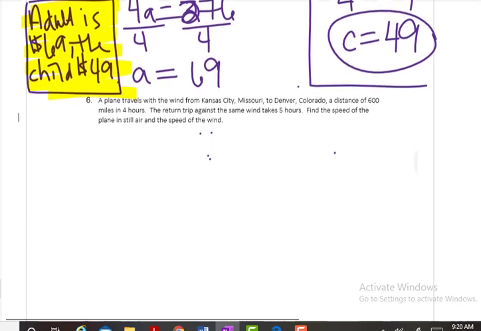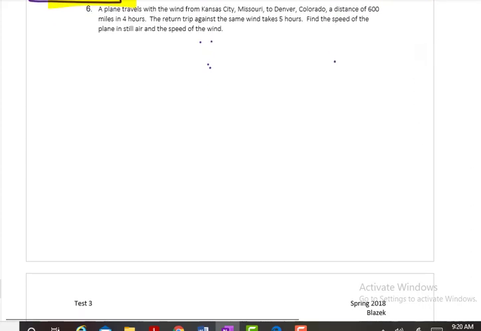Let's move on to number 6. A plane travels with the wind from Kansas City, Missouri to Denver, Colorado, a distance of 600 miles in 4 hours. The return trip against the same wind takes 5 hours. Find the speed of the plane in still air and the speed of the wind.